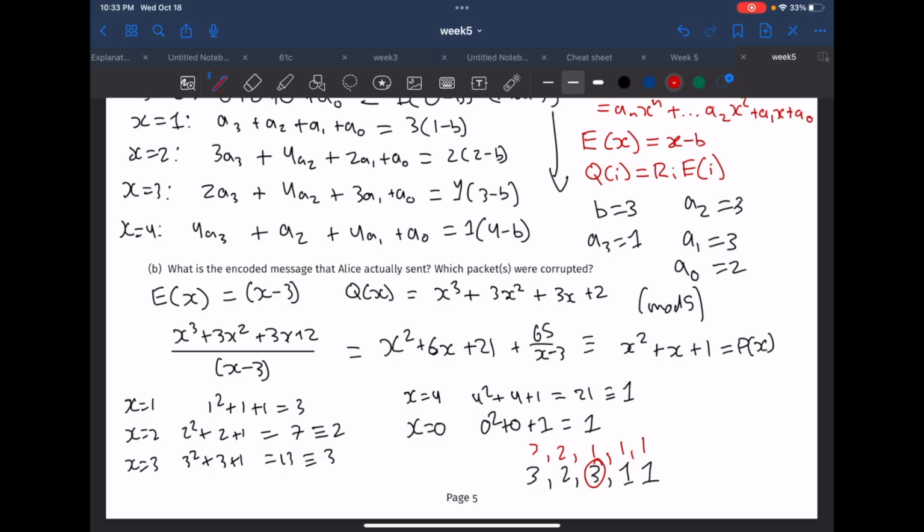So we know that the value at x equals 3, since this is the third x value, is the corrupted message. And again, this also corresponds to the value of b that we found here, since b is equal to 3. So, yeah, that's how to go through this question.